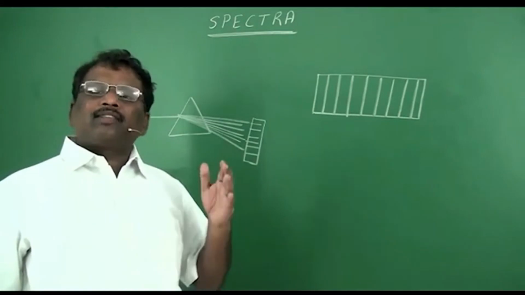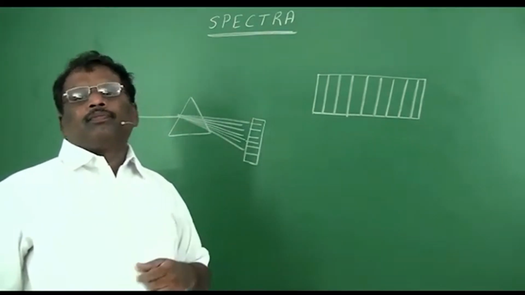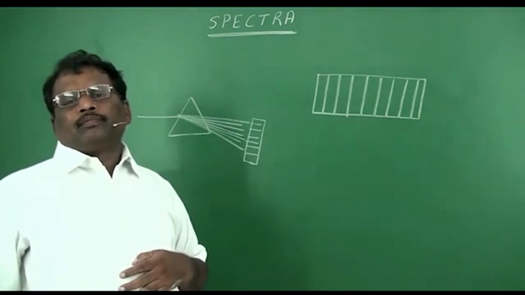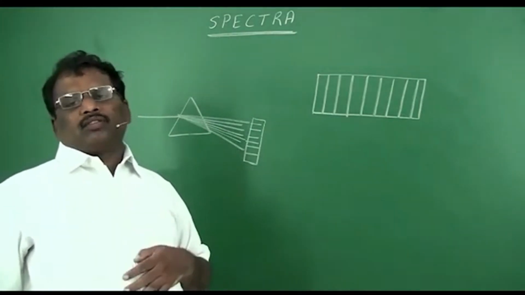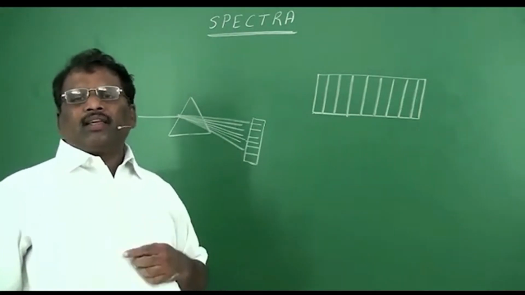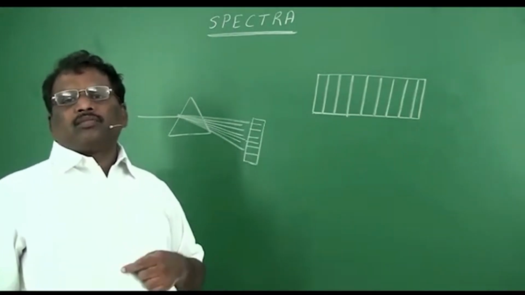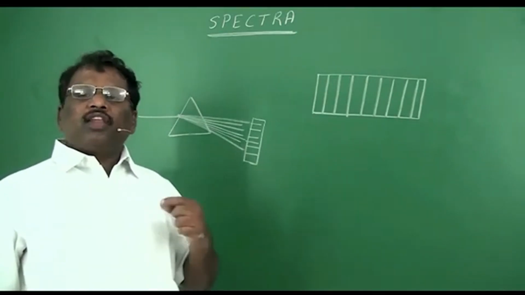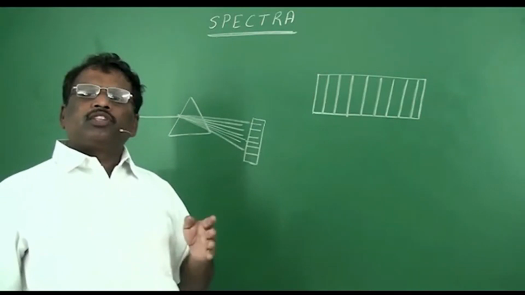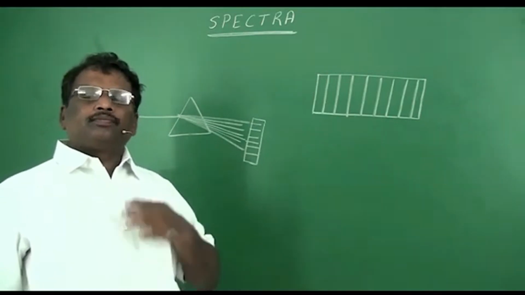That is called as spectra. These spectra are very much useful while studying the structure of an atom, or the position of an electron in an atom.